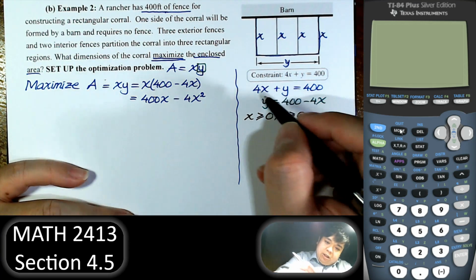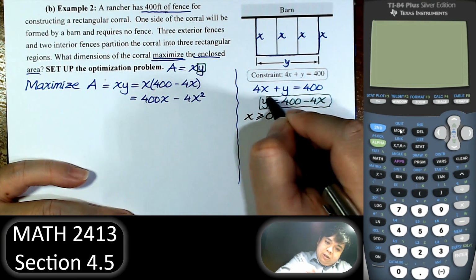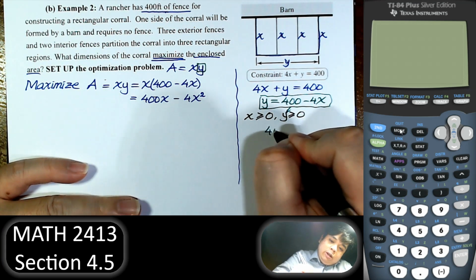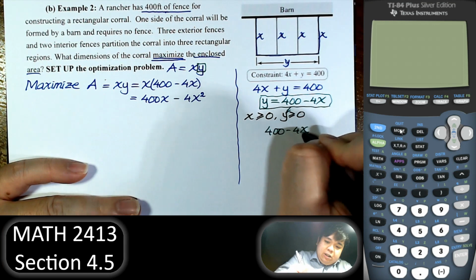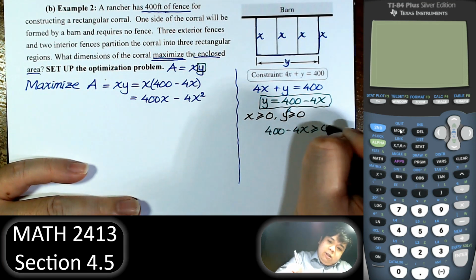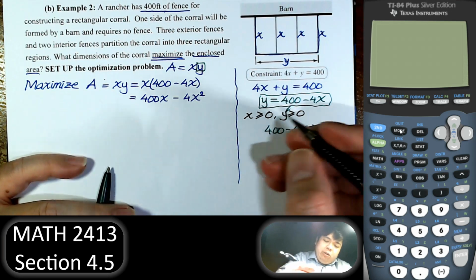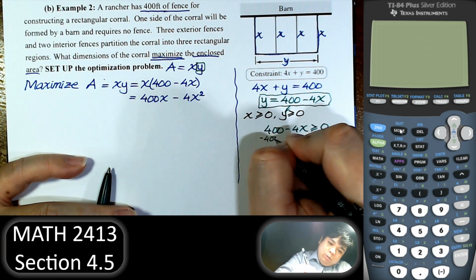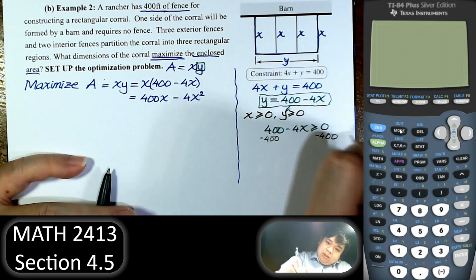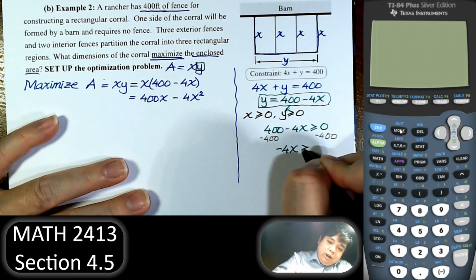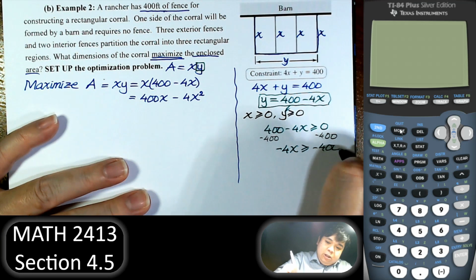Then we substitute into here. So I have 400 minus 4x greater than or equal to 0. Subtract 400 on both sides, so negative 4x greater than or equal to negative 400.